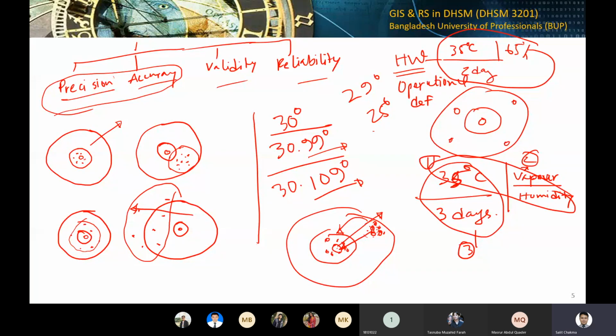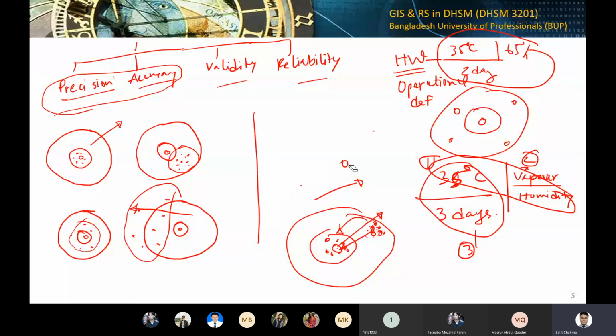So before doing any study, let's imagine a scenario that you are doing a study of heat wave in Bangladesh, but BMD does not define what heat wave is in Bangladesh.